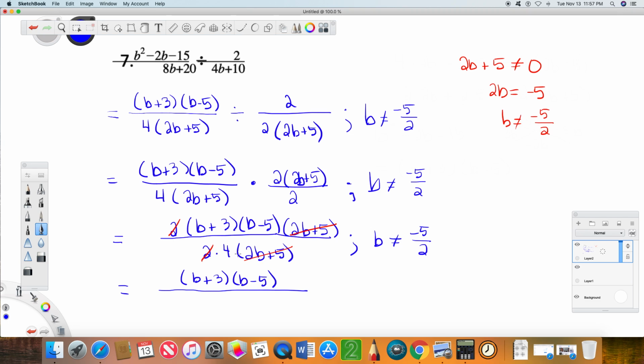And in the denominator, I just have a single factor of 4. And of course, our restriction is that b cannot be negative 5 halves. I'm just going to leave this in factored form. Sometimes you'll be asked to multiply these two binomials together. But in factored form, it gives us a lot of information. That's why we spend so much time learning how to factor. I'm just going to leave my final answer like this.